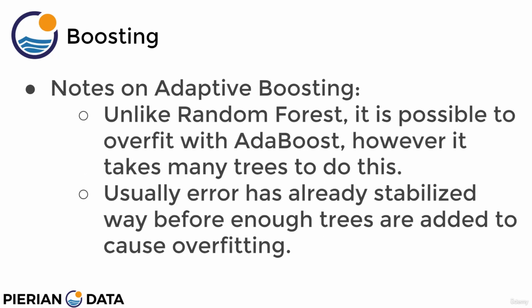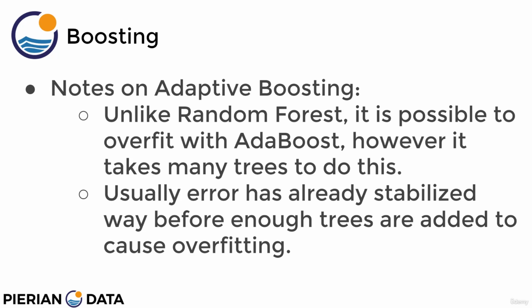Now, some notes on adaptive boosting that I want to mention. Unlike random forest, it is actually possible to overfit with AdaBoost. However, it does take many trees to do this. And as you build out more and more trees, that is increase that capital T number of how many weak learners you're trying to produce, usually your error is going to stabilize. Recall that with random forest, eventually your error term stabilized no matter how many trees you added to it.